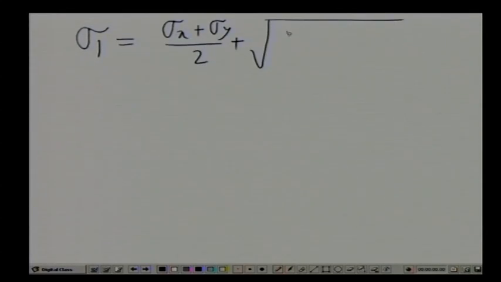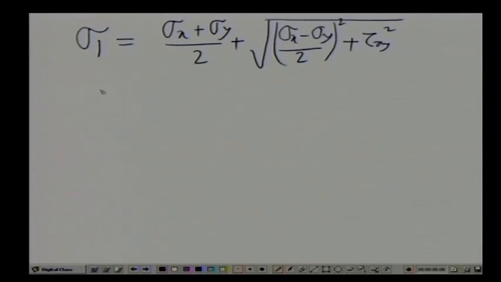Now, so we have obtained that sigma max or minimum, let us call that as sigma 1, equals (sigma x plus sigma y) by 2 plus root of (sigma x minus sigma y by 2) square plus tau x y square.